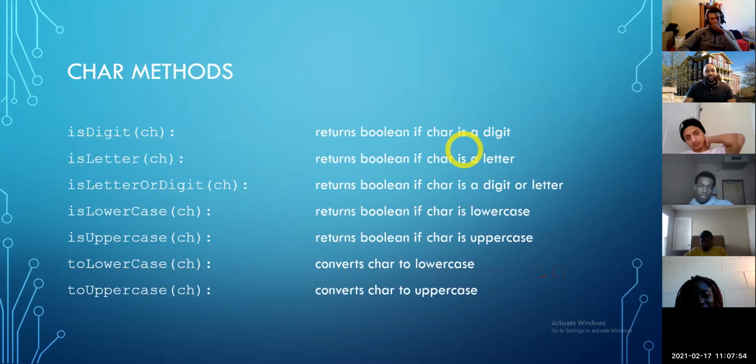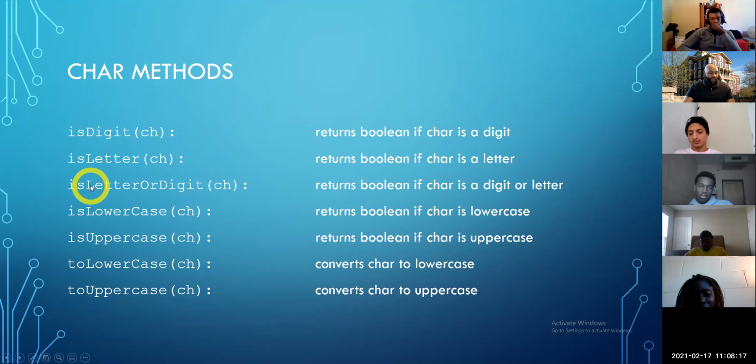Here are some methods that you can use for characters. You can ask if it's a digit. If it is a digit, it returns true. If it's not a digit, then it's going to return false. Is it a letter? Is it a number? isLetter returns true if it's a letter or false if it's not.